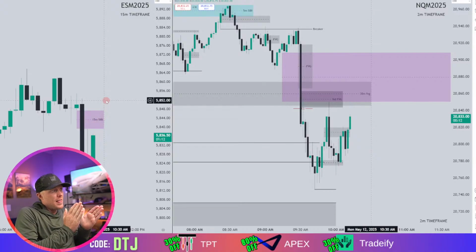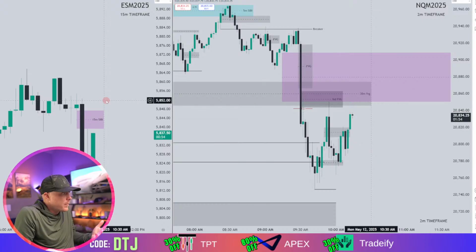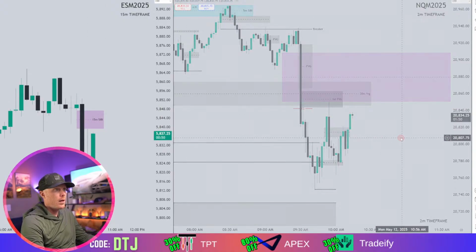If a 15-minute candle closes above that 15-minute fair value gap, what does that tell us? It means it's violating that imbalance. And what is it going to most likely run for? We just talked about it. It's most likely going to run for liquidity.